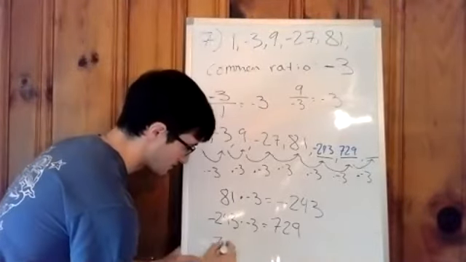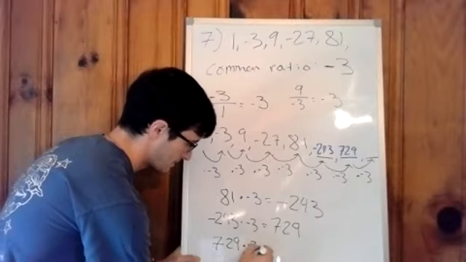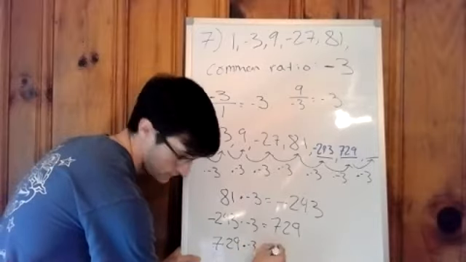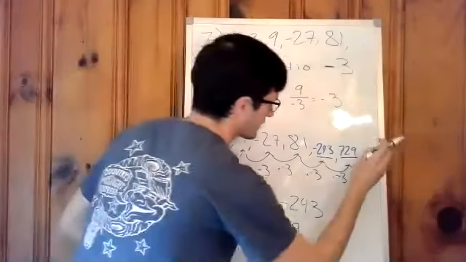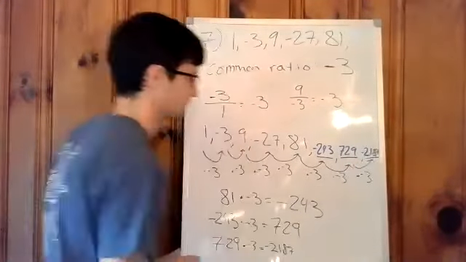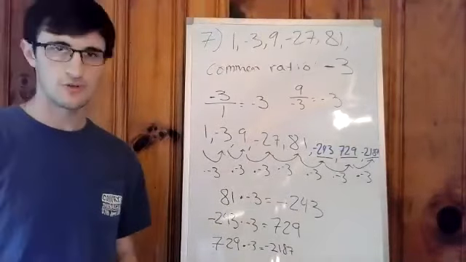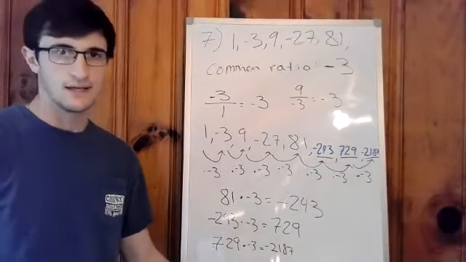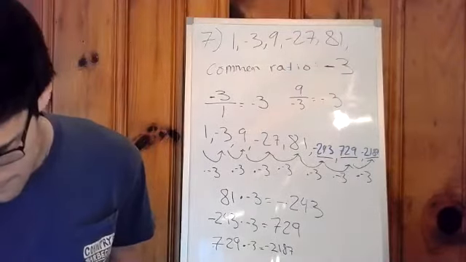Yes, you can. 729 multiplied by -3 is going to be -2187. So -2187. Okay, those are my next 3 terms in the sequence. That's what 7 through 12 wants you to do.